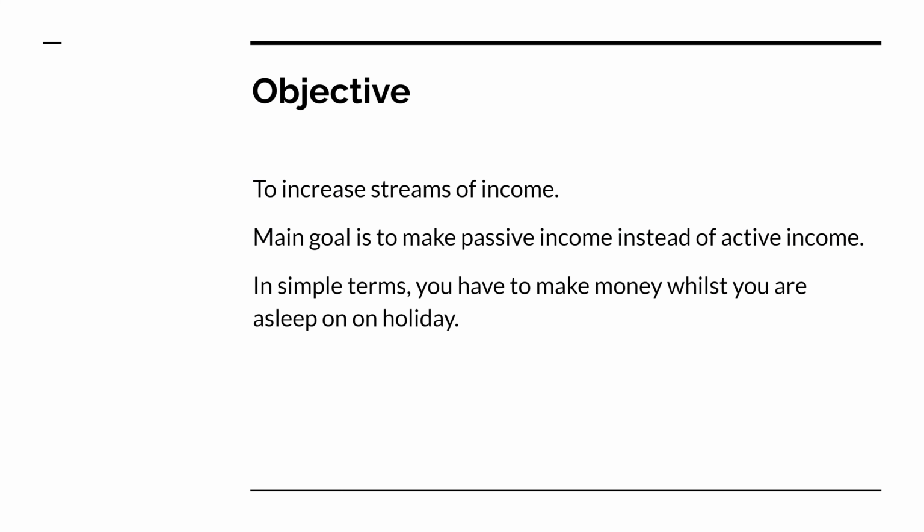Okay. So here our objective, why we want to make money online, is to increase our streams of income. Obviously, everyone needs more and more money, needs to increase his or her streams of income. So the main goal is to increase what is known as passive income instead of active income. Active income is money that you get as soon as you do a job.